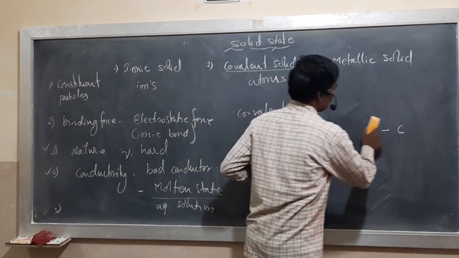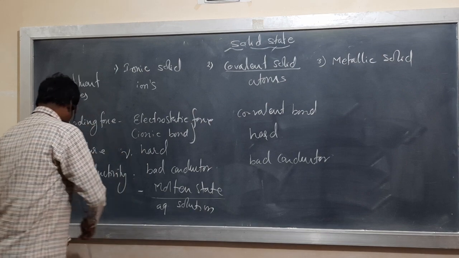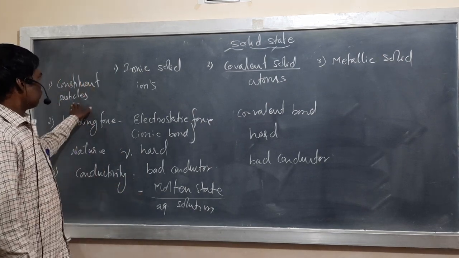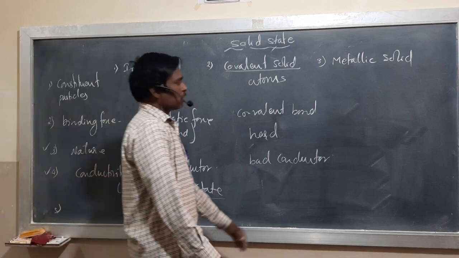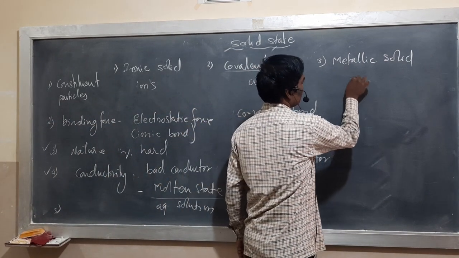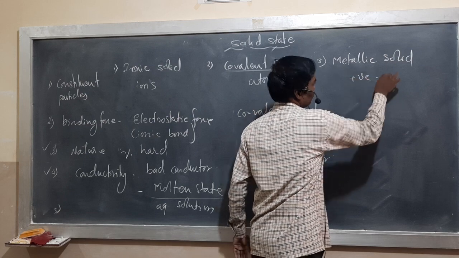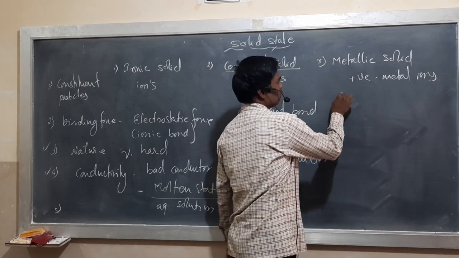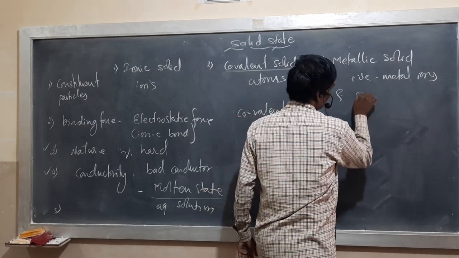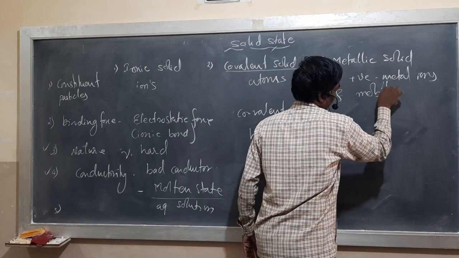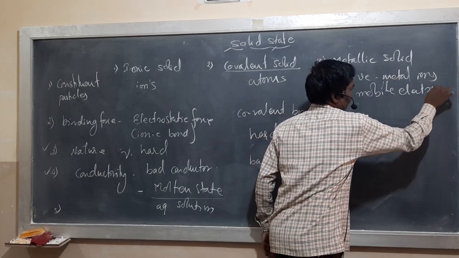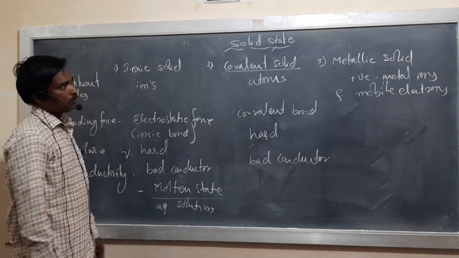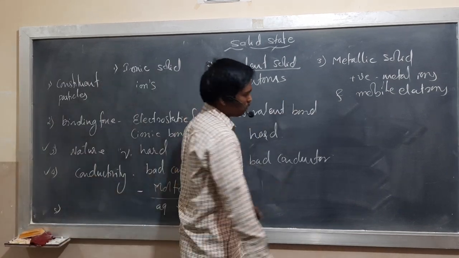Next are the metallic solids. First let me go with the constituent particles. The constituent particles in metallic solids are positively charged metal ions and mobile electrons. Let me show you the arrangement of the particles in metallic solids.